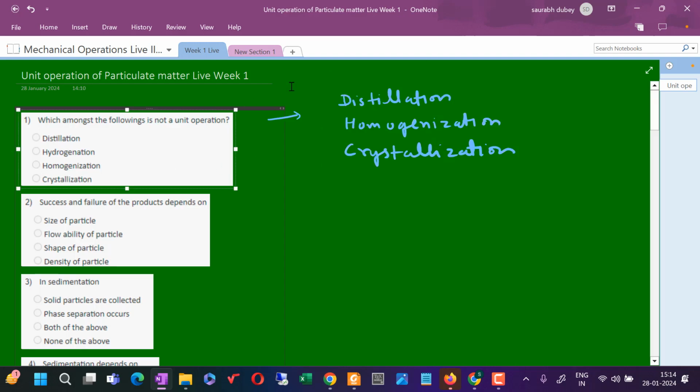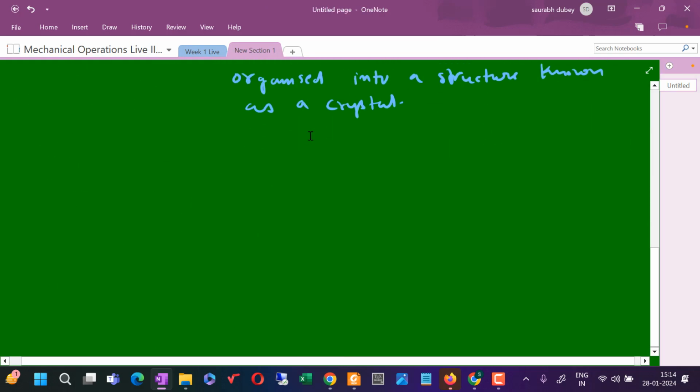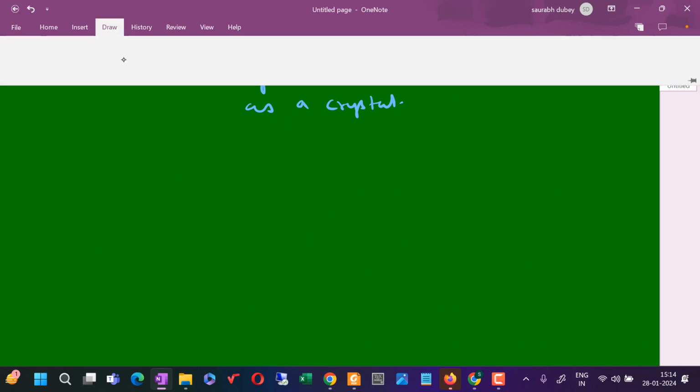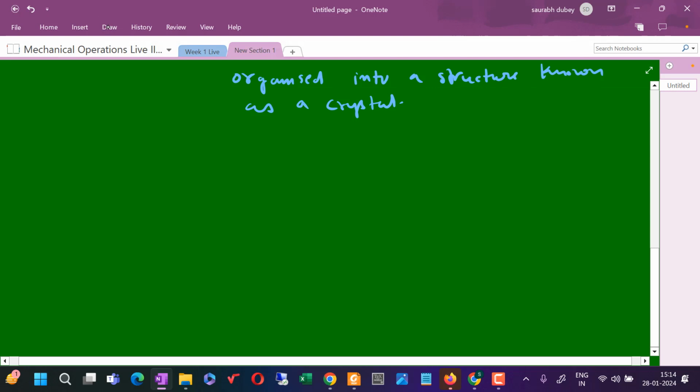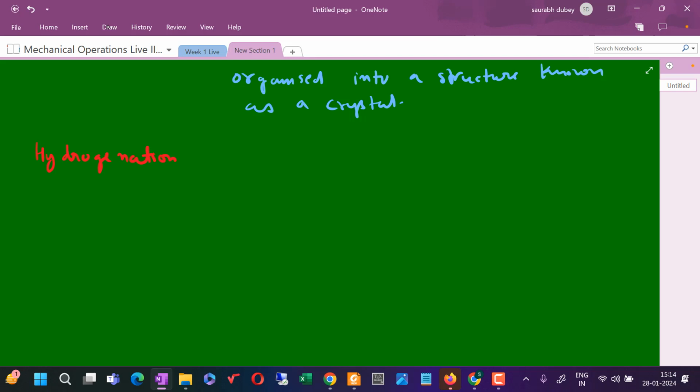Here, I will be writing it in a different color. This hydrogenation involves addition of hydrogen, H2.